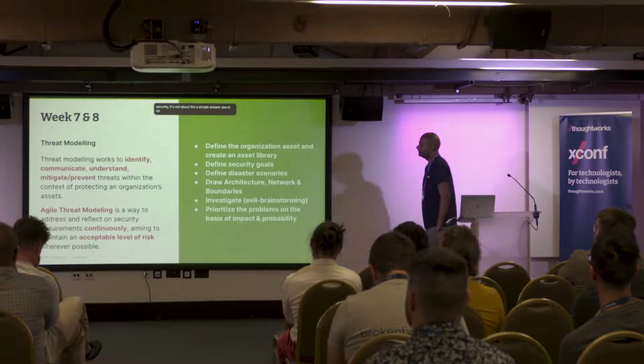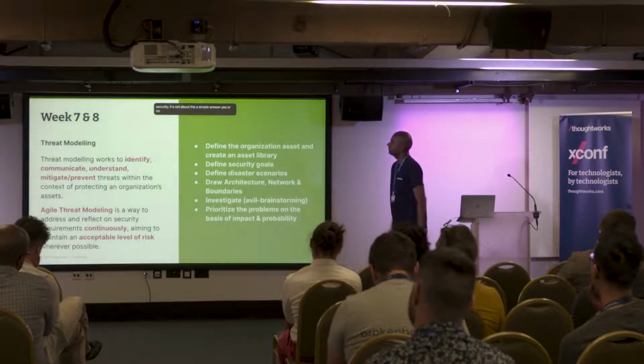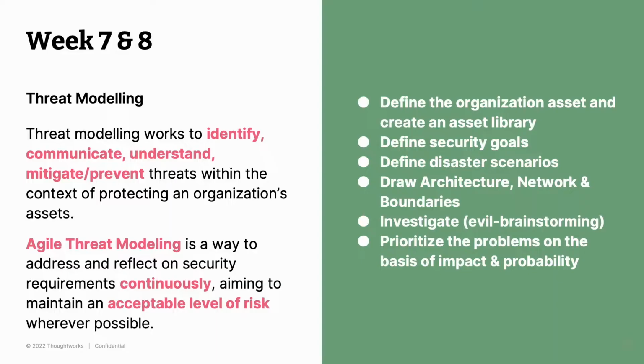He also introduced the fundamental definition of threat modeling. The way it goes, it's about identifying, communicating, understanding, then mitigating or preventing. So first of all, we identify the problems in our system. We talk about them. We understand them a bit more deeply. And then if they're already there, we mitigate them.